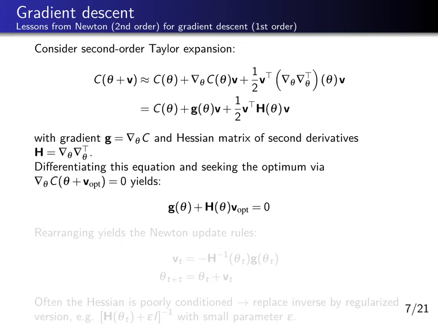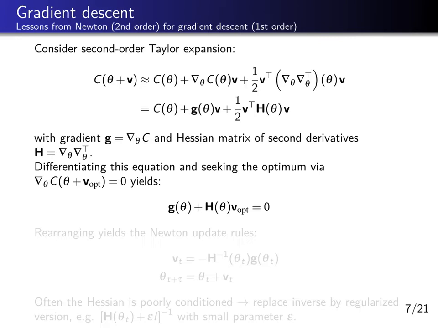And what we get is this equation. The gradient at the parameters theta plus the Hessian matrix at parameters theta multiplied with the vector v equals 0. We have to satisfy this equation. So what has happened here is that we are asking the question: what is the displacement vector v, or v opt, that if we go this step away from theta, makes the gradient of C 0?